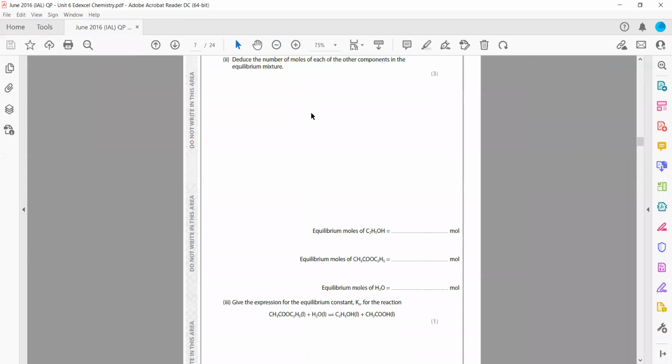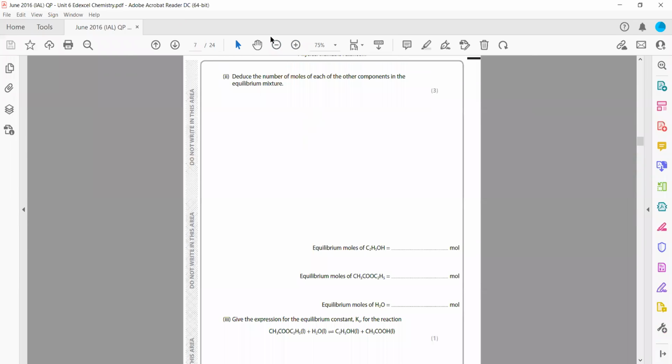So for this, we first have to write the equation: ethyl ethanoate, CH3COOC2H5, plus H2O gives CH3COOH, ethanoic acid, and ethanol, C2H5OH.